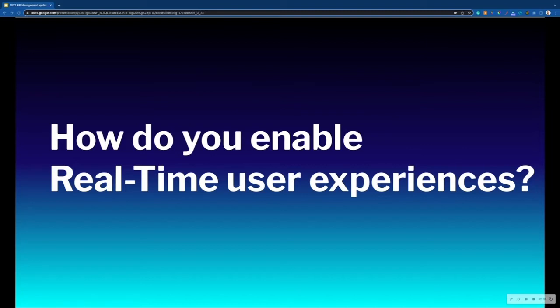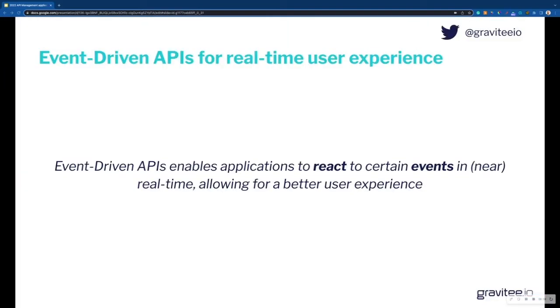So welcome to event-driven APIs. Event-driven APIs allow applications to react in real time, or at least near real time, to certain events or messages being produced, so to provide a better user experience. So let's start talking about event-driven APIs by mentioning what are the most common ones in use today.